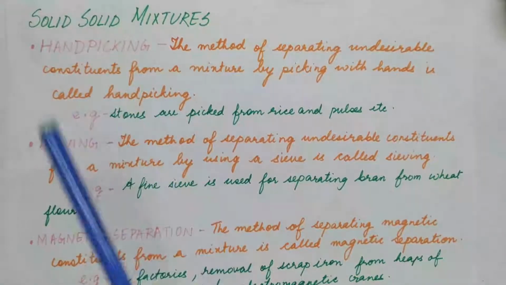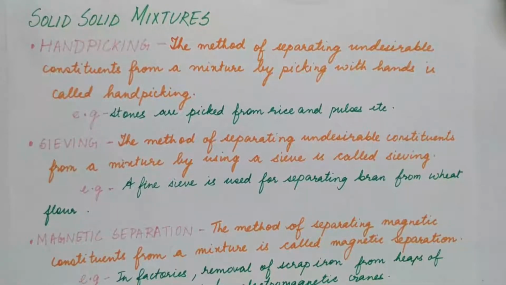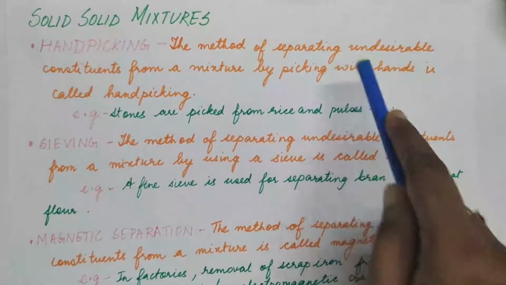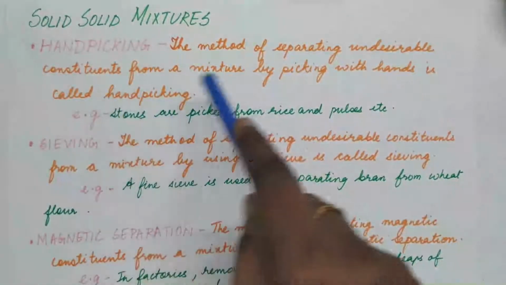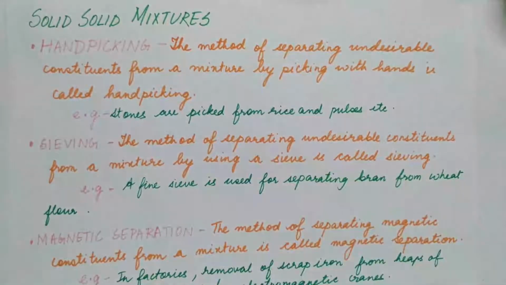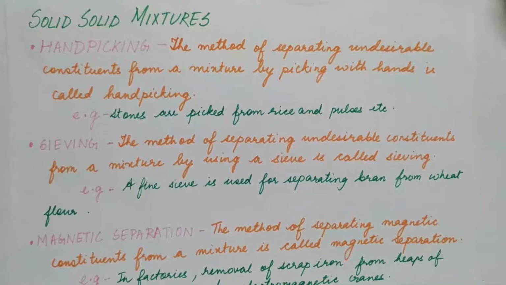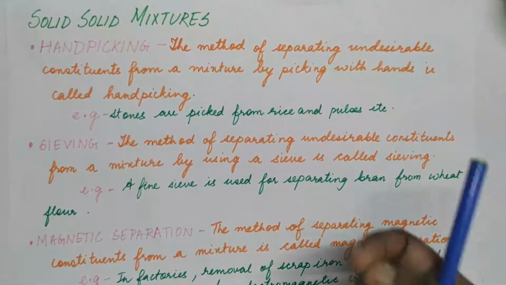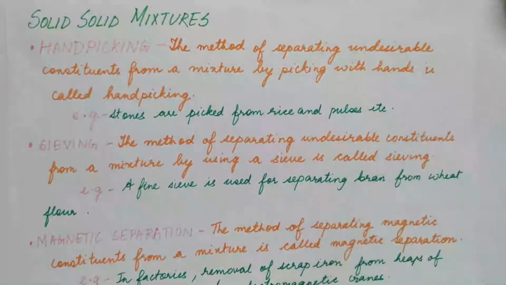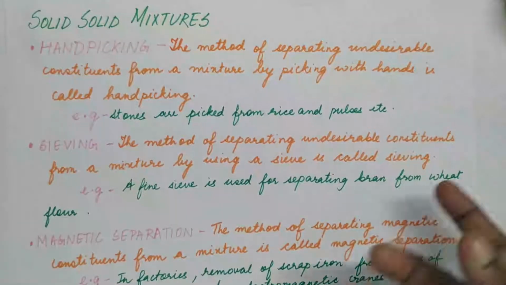Now the first method is a very easy method which almost all of you do at home. You have seen your mothers do it. That is hand picking. In this method, the undesirable constituents are removed from the mixture by picking them with the hands, and that is why the name is hand picking. Like in the beginning, I gave you the example of your mother removing stones from the rice, or some undesirable substances.